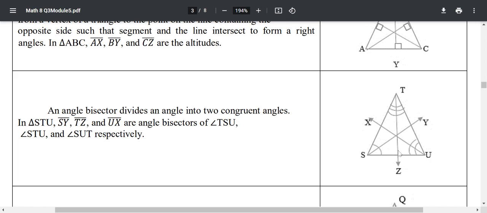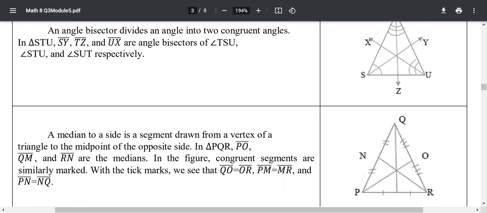It is not necessary that when it reaches its opposite side it forms a right angle, because in other triangles the angle bisector does not form a right angle. The job of the angle bisector is just to divide the angle into two congruent angles. So that is an angle bisector. The angle bisector is easy to remember because its name already has a clue.